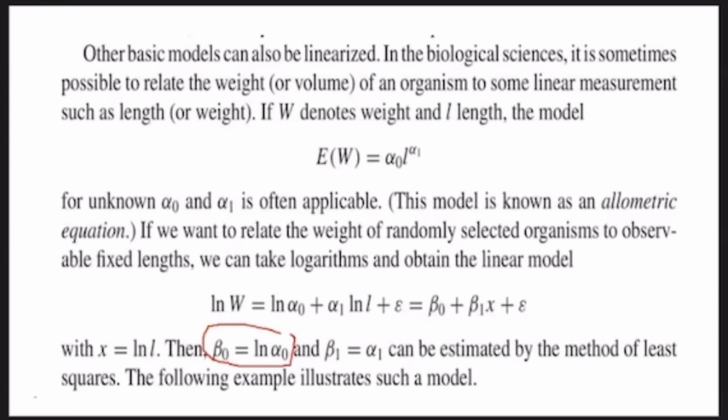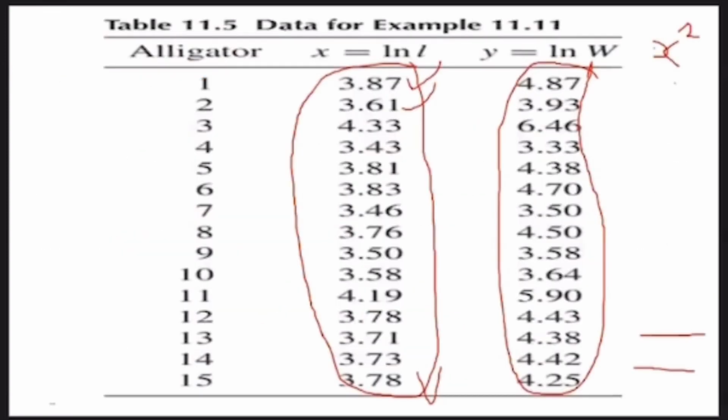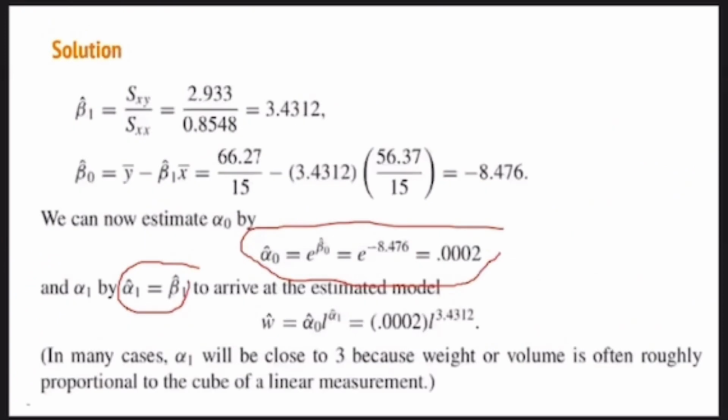And that was why we were exponentiating beta naught. Finally, this is our alpha naught, and our beta 1 is the same as alpha 1.